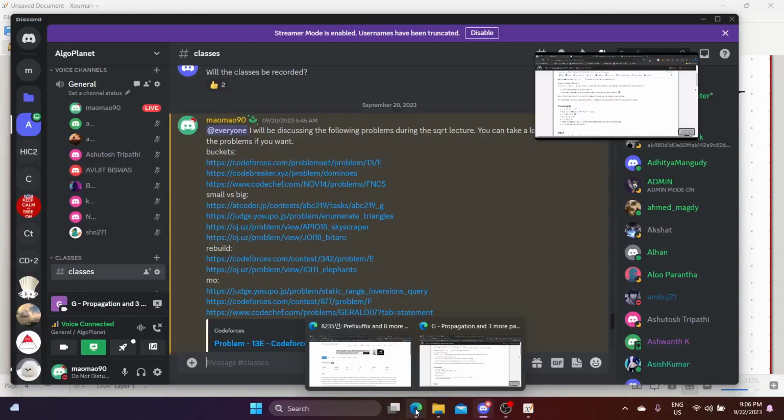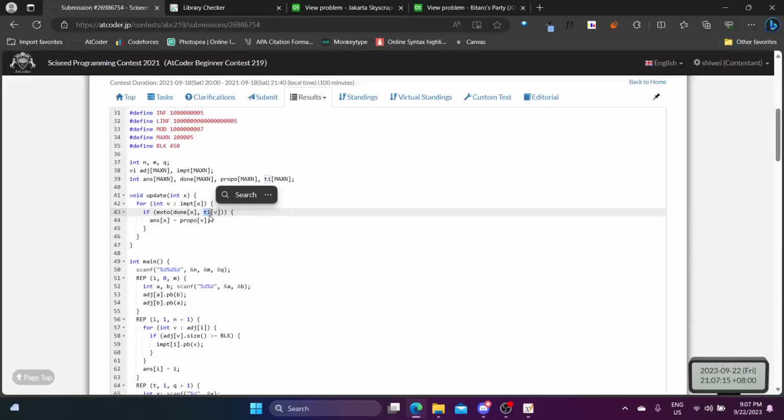You can try it also. done[x] means the most recent update that was done to x, and t[v] is the most recent update done to v. If it's more recent, then we need to update the answer. And then propo is the lazy tag, what we want to propagate for the big vertices.